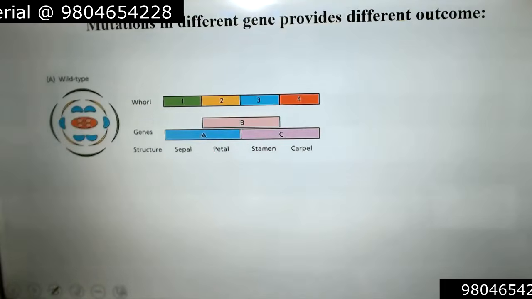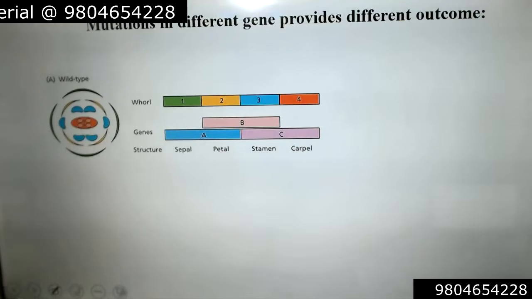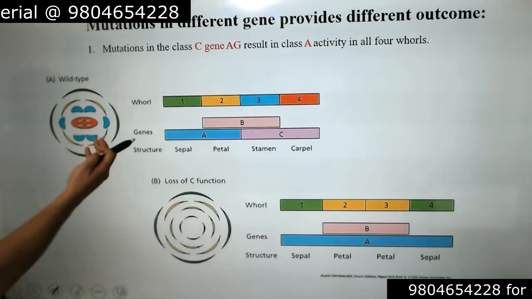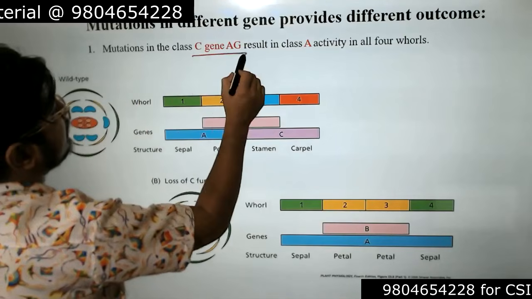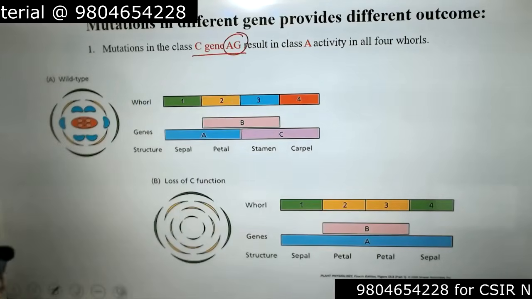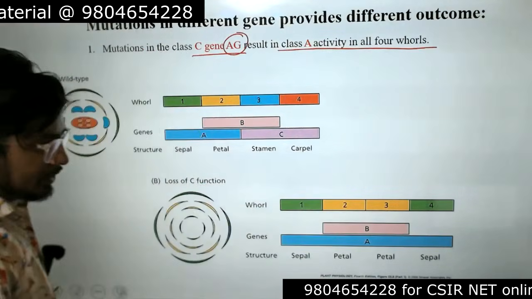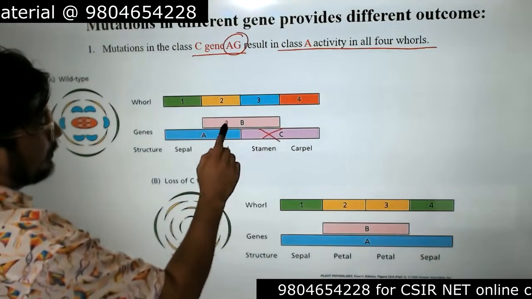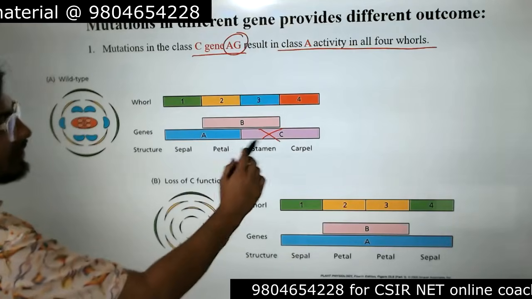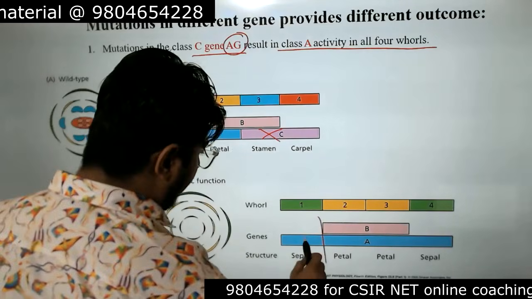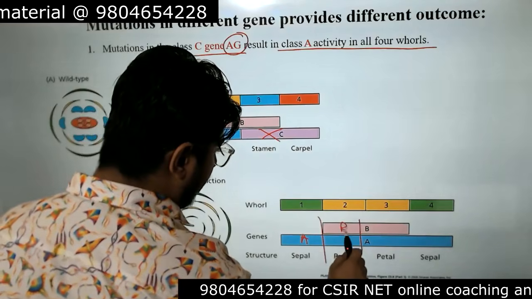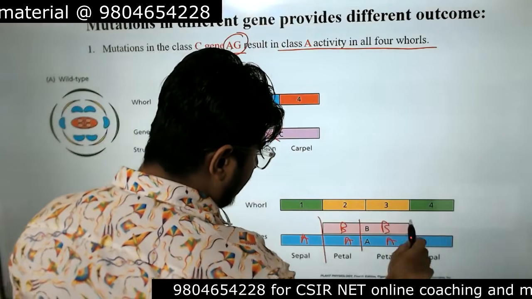Let's move to the next type, mutations in different genes. Again, the wild type is clear. Now, mutation in the C gene, Agamous, results in class A activity in all four whorls. C gene is mutated, so we have only A and B now. There's no C gene activity. So we have A only, A plus B, again A plus B, and A only.